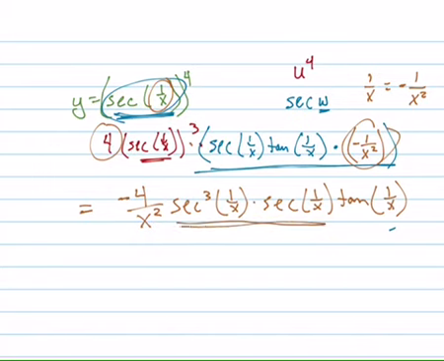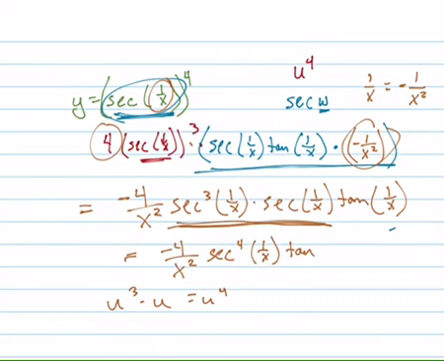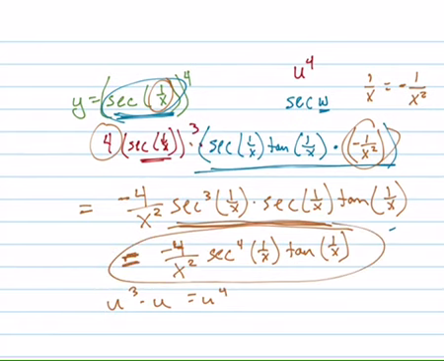And these two now can be combined together, right? Because think of it as u cubed times u. You get the same function, which is just u to the fourth. So this is going to simplify to negative 4 over x squared times secant fourth of 1 over x times the tangent of 1 over x. And that probably can't be simplified anymore. So that's your answer.